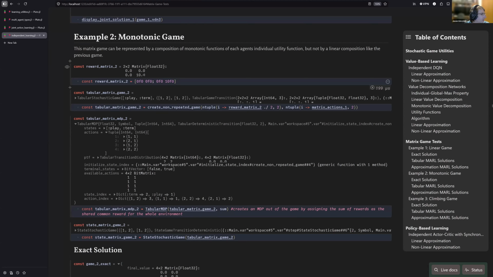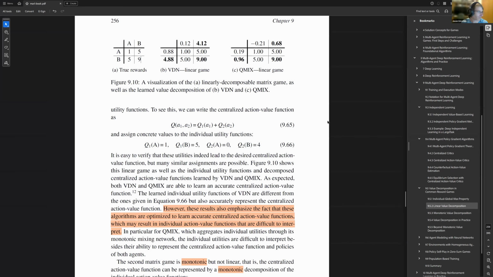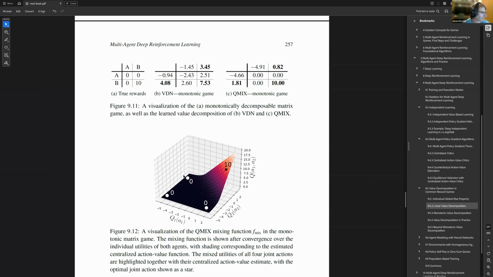Now, this matrix doesn't have a linear decomposition of the utility function. You can't write down a function, and there's a little diagram in the book here of what this surface looks like. The actual joint action value function has to be a function in this two-dimensional input space.